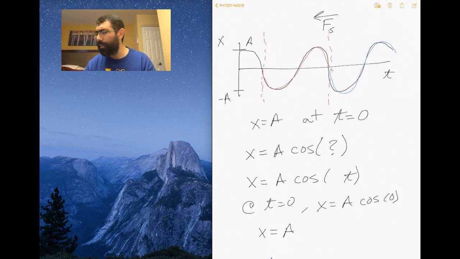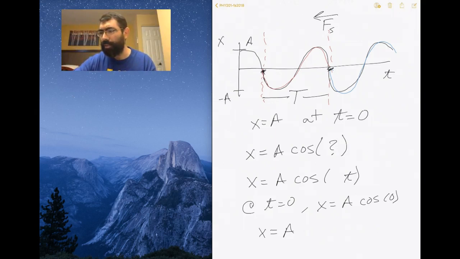So what we're looking at is the period, T, which is the time it takes to go from one position and then go through one full path or one full cycle back to its starting position.